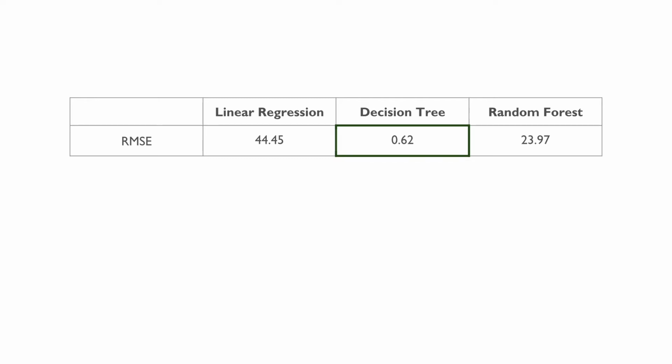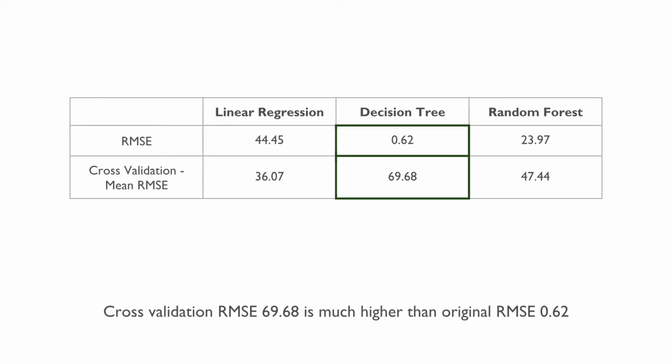Let's see the mean root mean square error of 10-fold cross-validation. The mean RMSE score of 10-fold cross-validation in linear regression algorithm is 36.07, while the same is 69.68 and 47.44 in decision tree and random forest algorithms respectively.